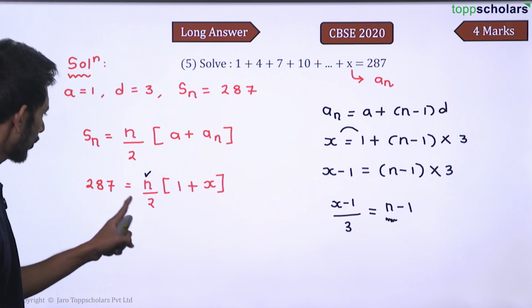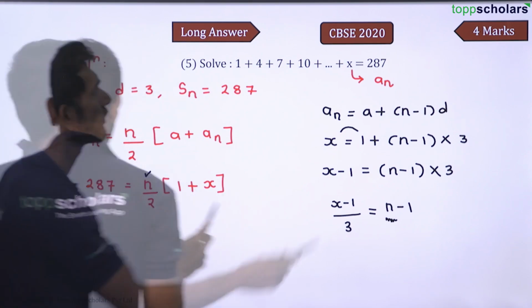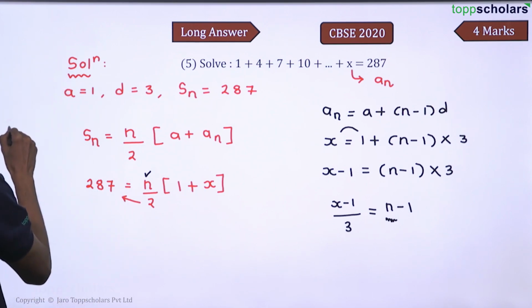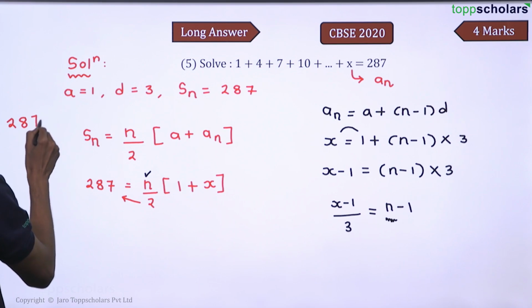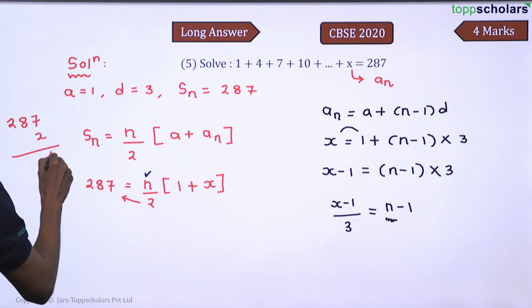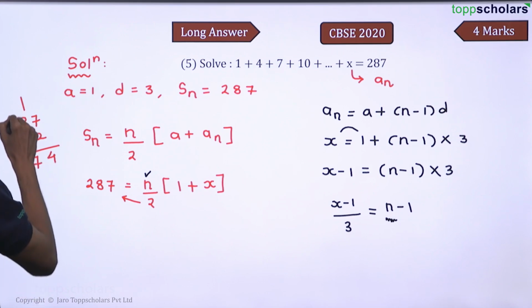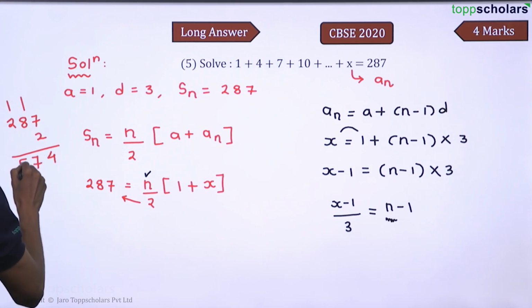If you want, you can also solve this further, this step, that is you can take 2 here, so that becomes 287 into 2, 7 twos are 14, 8 twos are 16 plus 1 is 17, 2 twos are 4 plus 1 is 5, so 574.